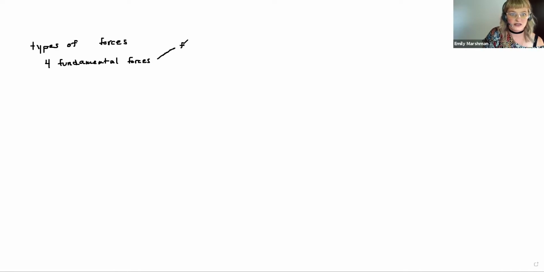There's the gravitational force, so the gravitational force that pulls us towards the Earth, the gravitational force that acts between the sun and the Earth, or the Earth and the moon. Gravitational force is one of the four fundamental forces.